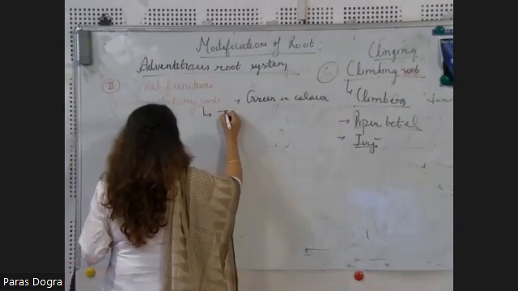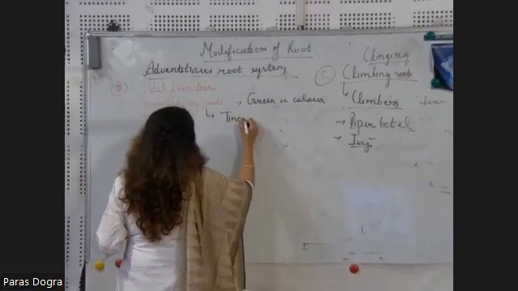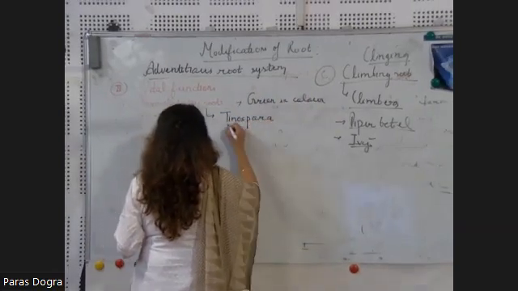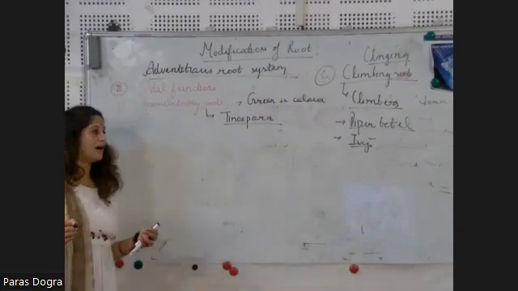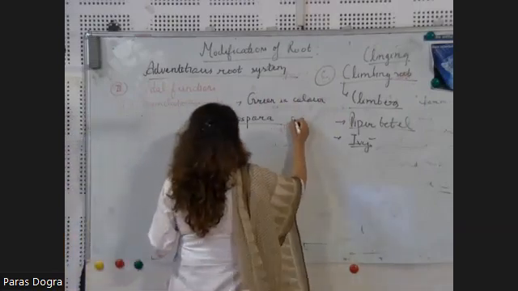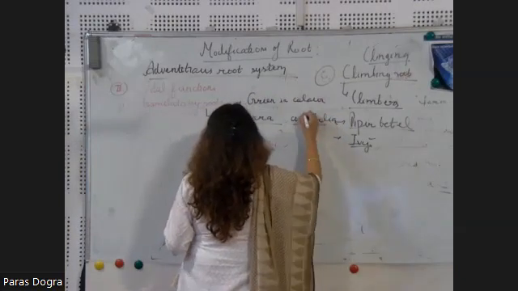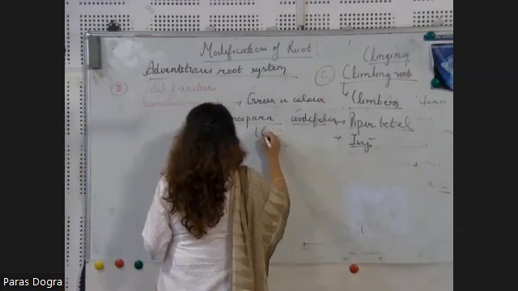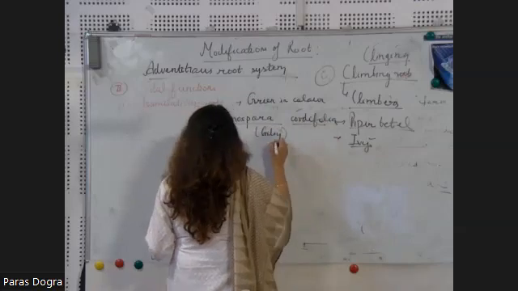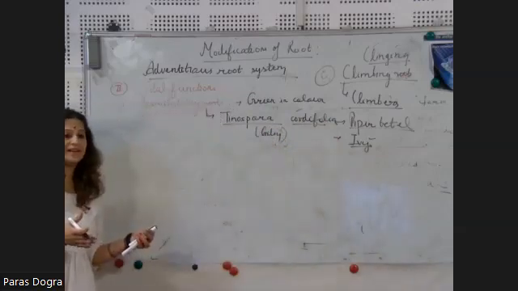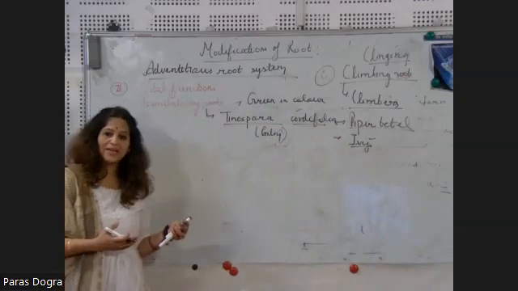Such assimilatory roots you find in Tinospora cordifolia, commonly called Giloe, which we were heavily dependent on during our COVID times.